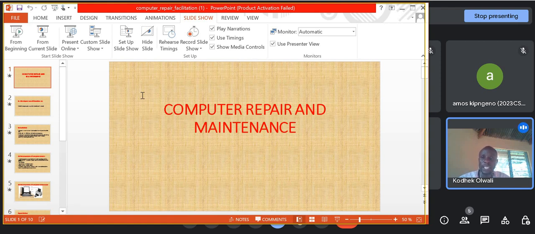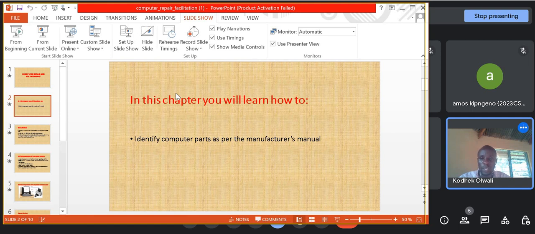Anything that is bad is replaced with a gadget that is working to make the computer continue working. At the same time, we are also talking about the software itself, which has to be either upgraded or repaired by putting in an antivirus to remove a virus. So in this chapter, we'll identify computer parts as per the manufacturer's manual.